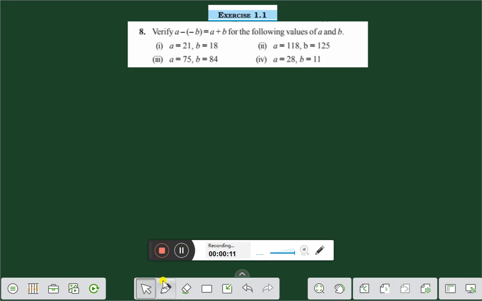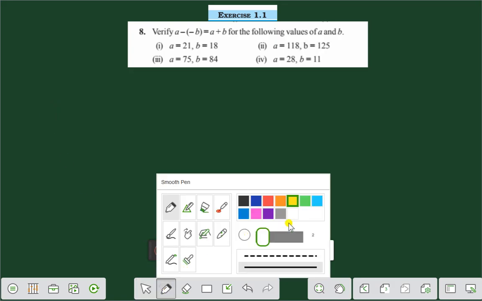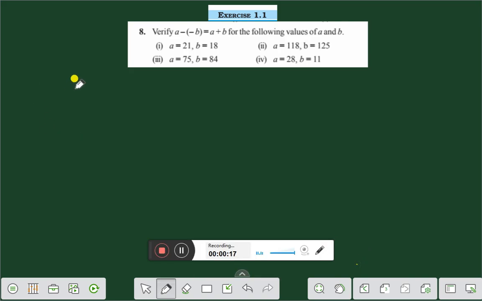Question number 1: let us verify. It is given that a is equal to 21, b is equal to 18.